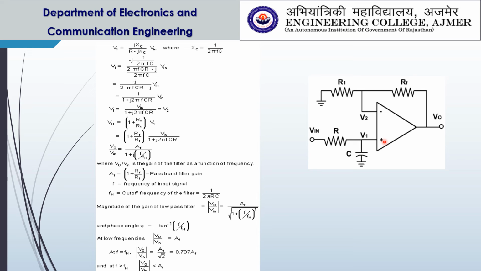In a non-inverting amplifier, gain is given by 1 plus RF by R1, and the output is given by gain into V1.